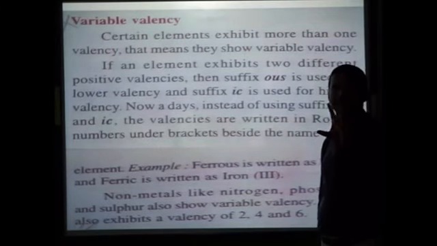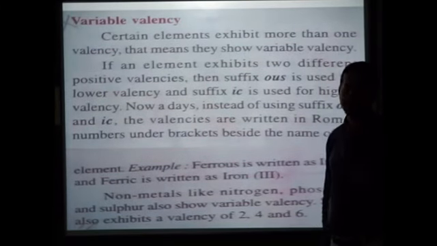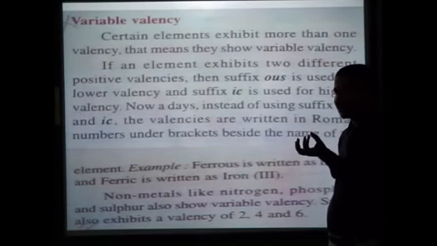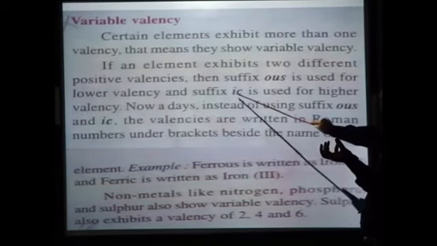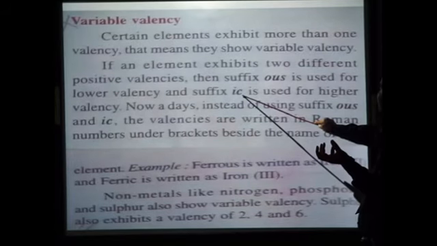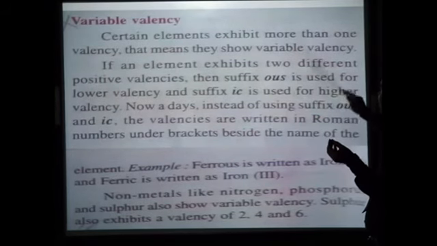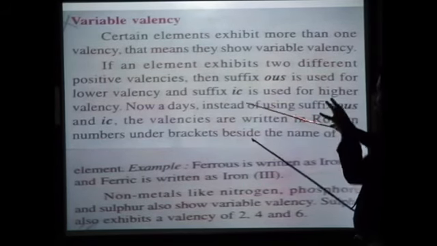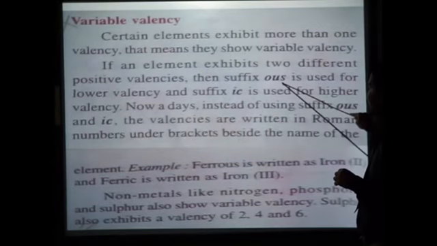So the name of the element with the higher valency will end with the suffix IC, and the name of the same element with the lower valency will end with OUS.